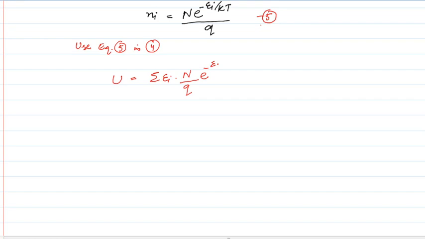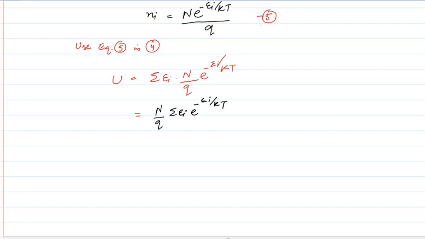If we simply take this n upon Q outside, it will be n upon Q into summation of Ei into e raised power minus Ei upon kT.